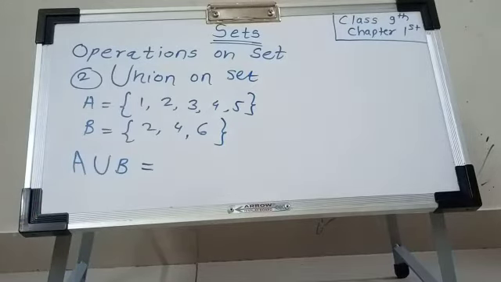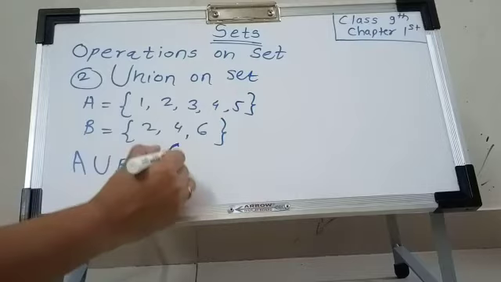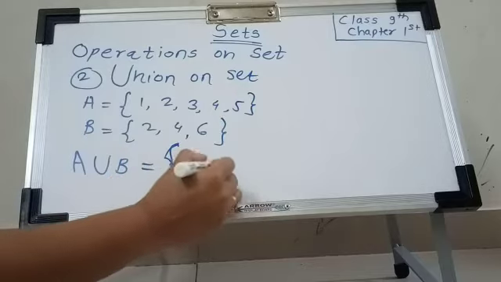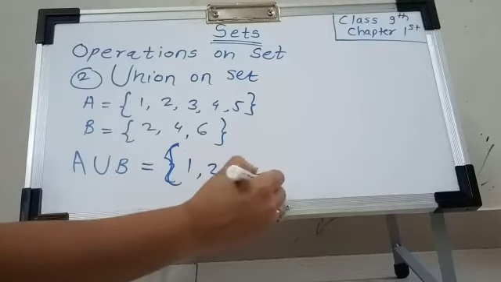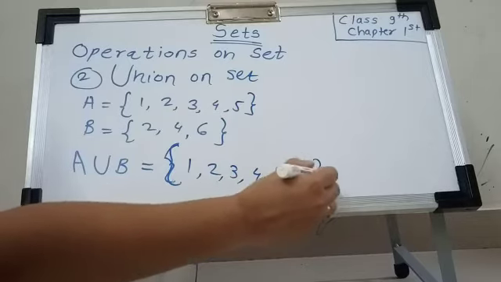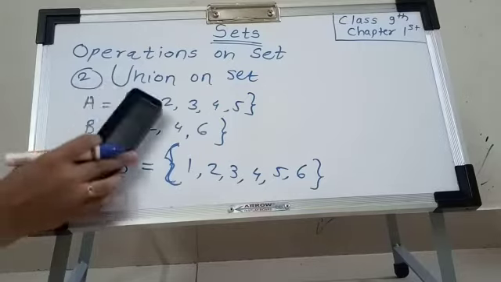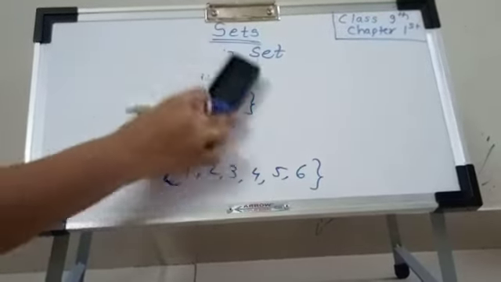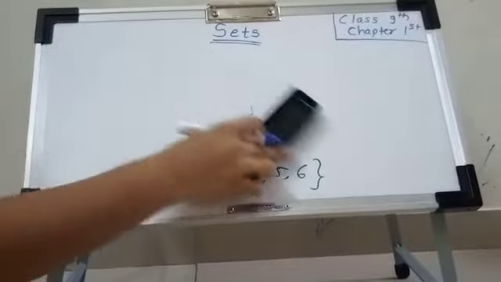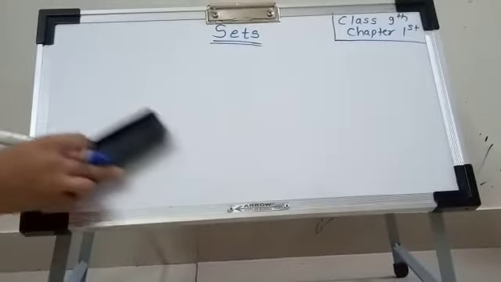A union B is equal to {1, 2, 3, 4, 5, 6}. Intersection means write the common elements, and union means write all the elements from set A and set B. This is all about the operations on sets, union and intersection.